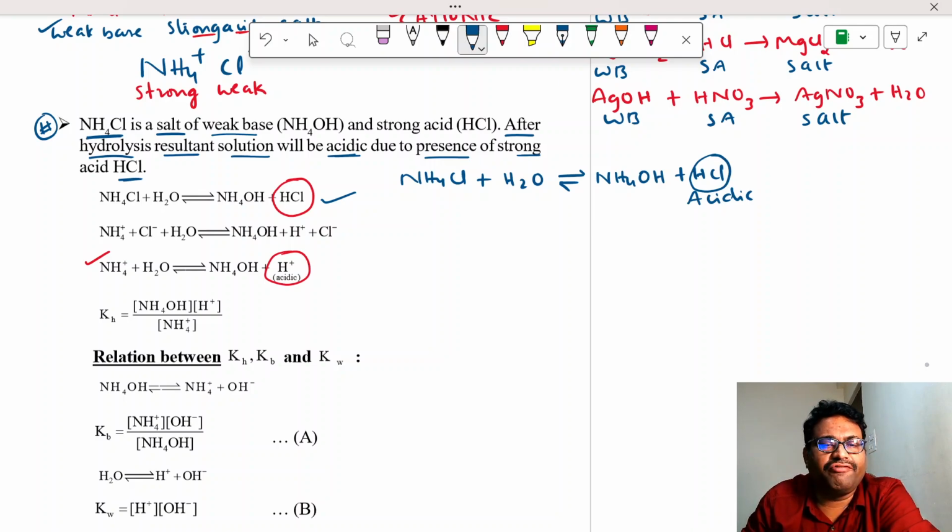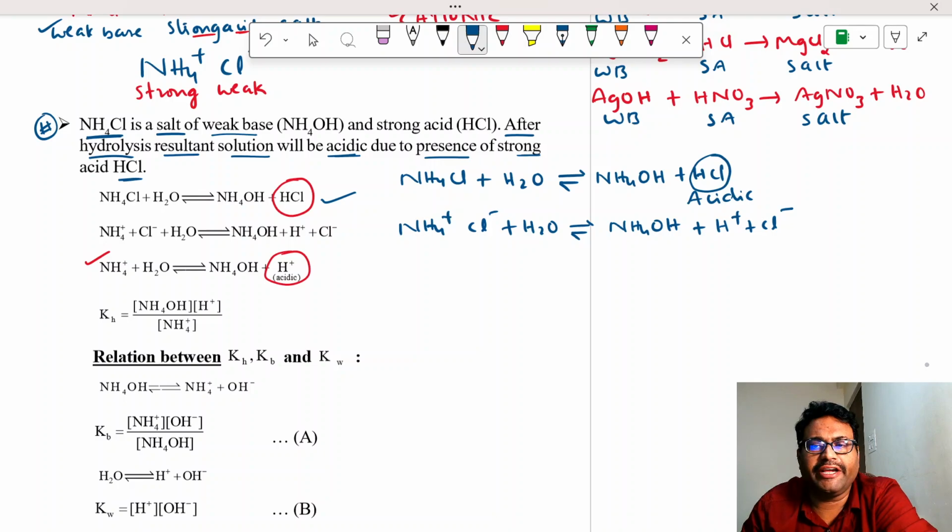So in the form of ions we are speaking about. See, NH4 plus Cl minus reacting with water gives you NH4OH plus H plus Cl minus. So overall reaction will be what?